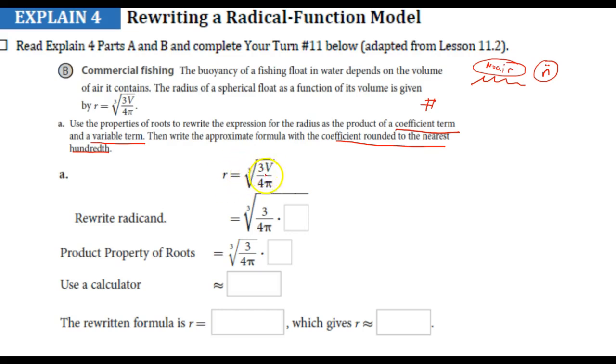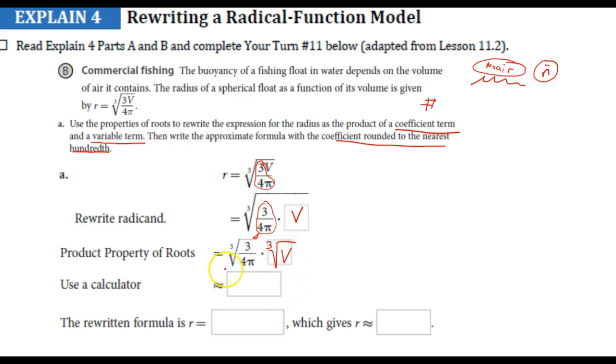The next thing we're going to do is separate out the number part from the variable part. Here you'll see in this step that they wrote out the number part on its own and the variable part separate. Instead of grouping these two things under one cube root, we're going to give each part its own cube root.